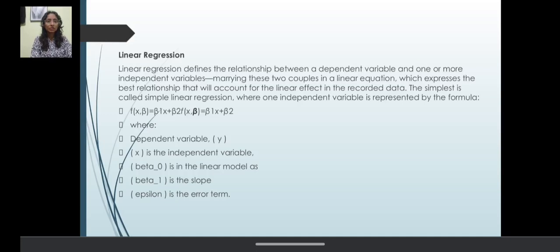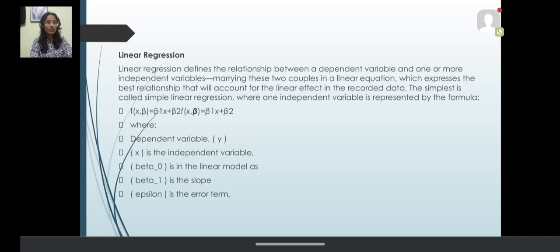Linear regression. Linear regression defines the relationship between a dependent variable and one or more independent variables, expressing them in a linear equation, which expresses the best relationship that will account for the linear effect in the recorded data.